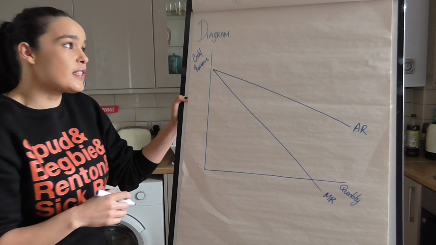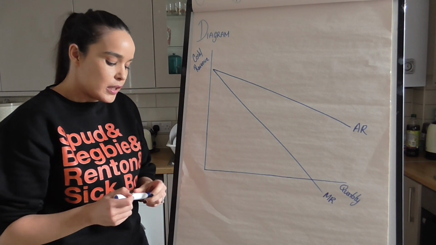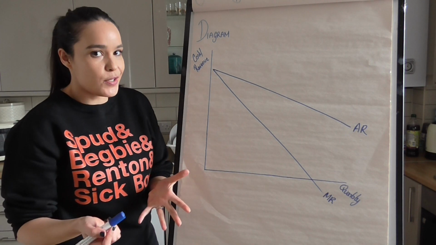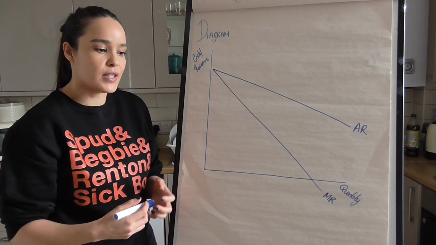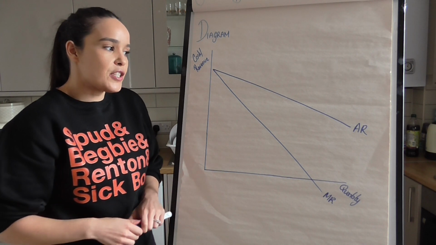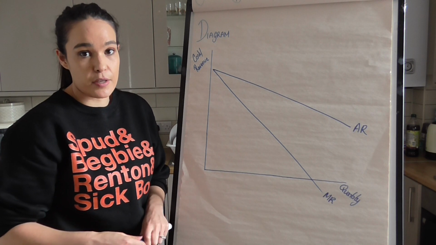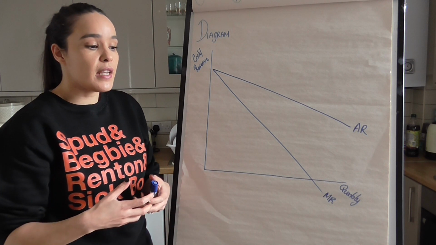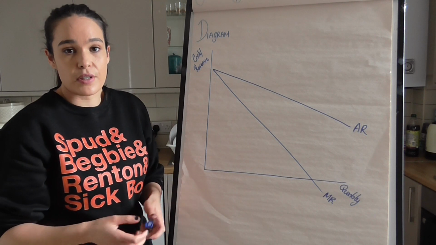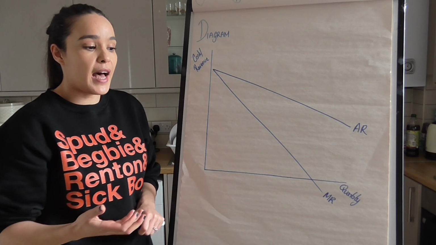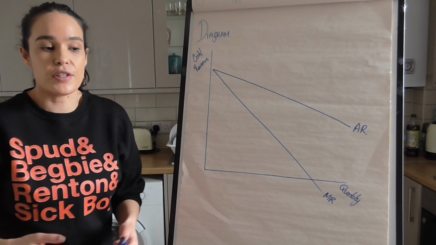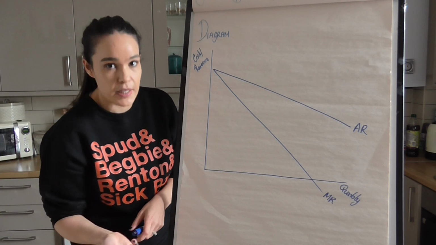So cost in a monopolistic market. Now, we only have perfect competition to compare it to, so it's important for us to think about that. And actually, costs in a monopolistic market are slightly different to perfect competition. If you think about any of those market structures, we know that there are some costs associated, more so than in perfect competition.